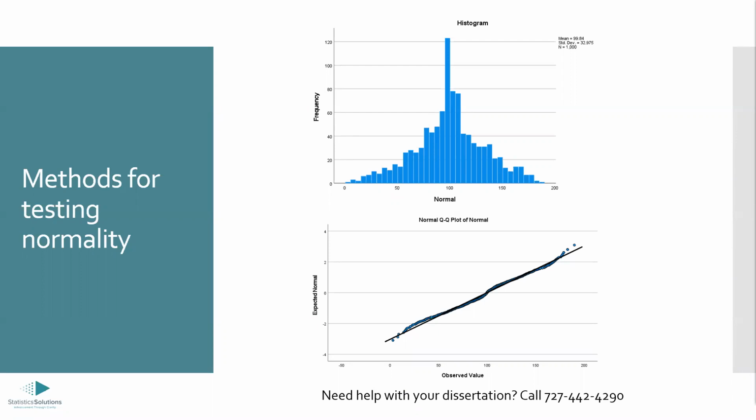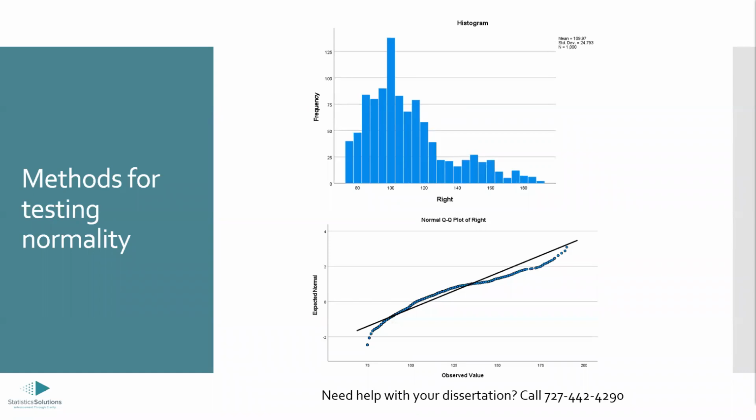But what happens when it starts to deviate from normal? Let's look at some examples of this. In this example, we see data that are positively skewed or skewed to the right. In the graph at the top with the histogram, we see that the data are not symmetrical.